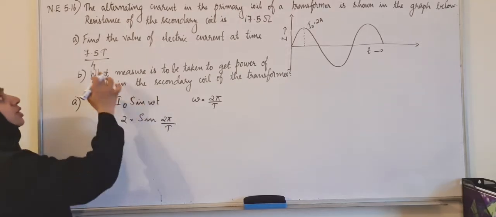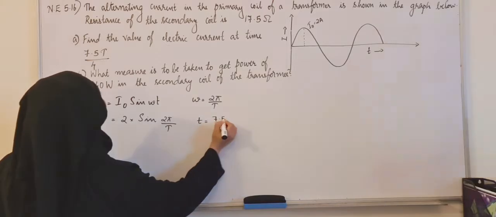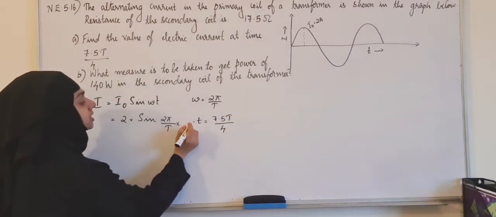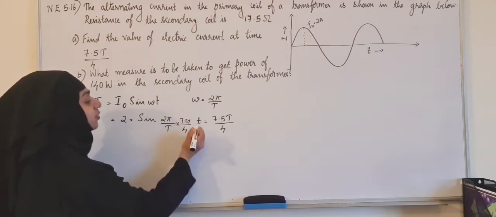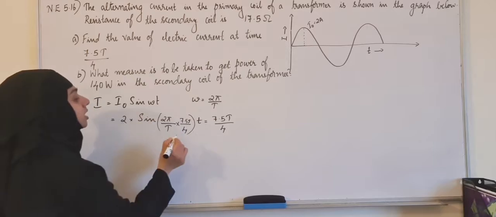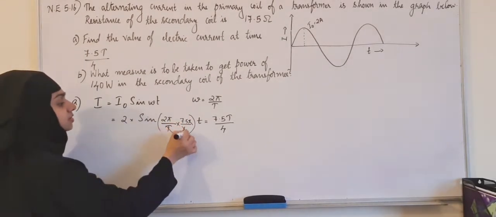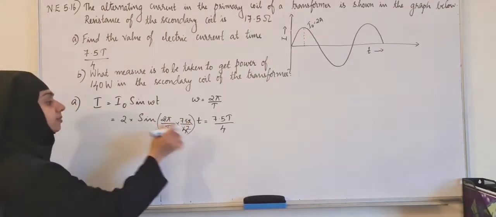Also given in the question, t is equal to 7.5 T by 4. So, I am putting here instead of t, 7.5 T by 4. So T gets cancelled, 2 with 4 gets cancelled, so 7.5 pi by 2.